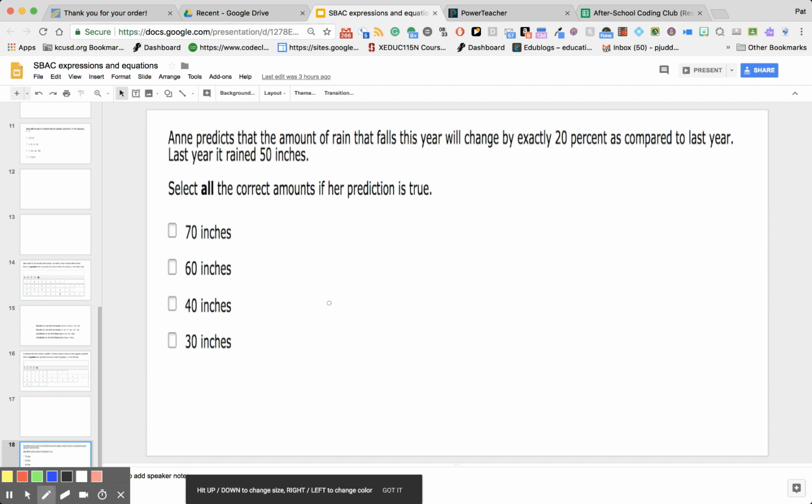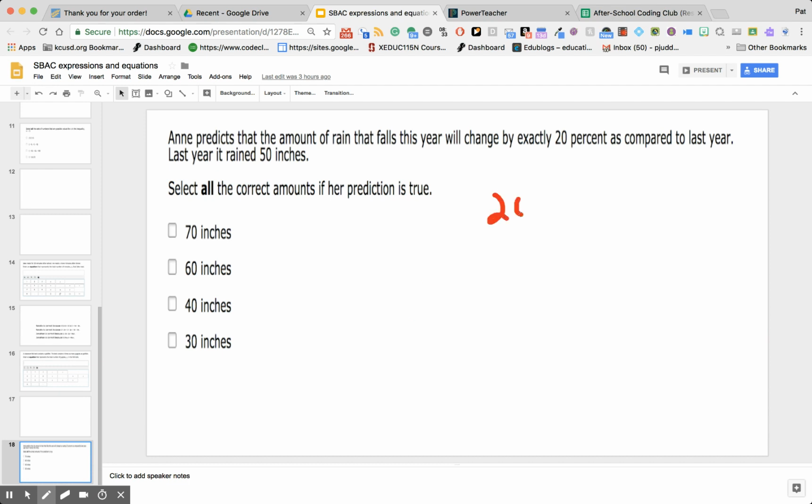Okay, so let's check and see how you did on this one. Another way to think of this is, what number is 20% of 50? So we can use is over of. What number is 20% of 50?